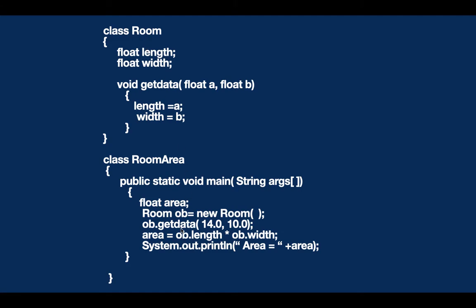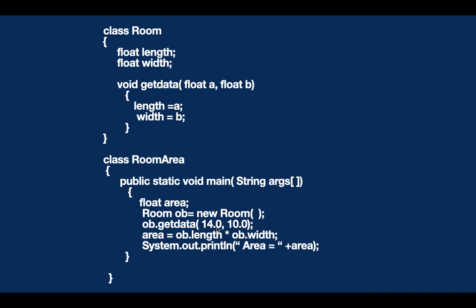So there won't be any problem because both ob, an object, and get data, a method, belong to class room. Look at the definition and the prototype of this method get data: it needs two arguments of float type, a and b. That is why we are passing values 14.0 and 10.0 to it, because floats are values with a fractional part also. So this has to match.